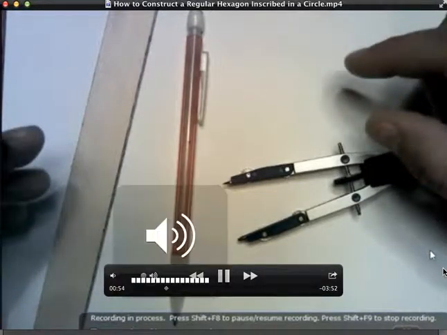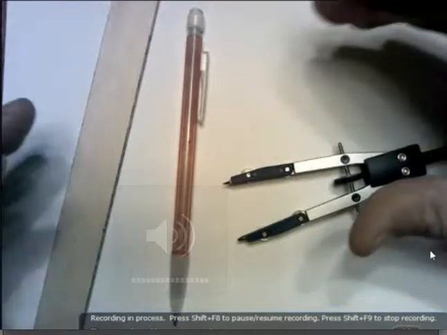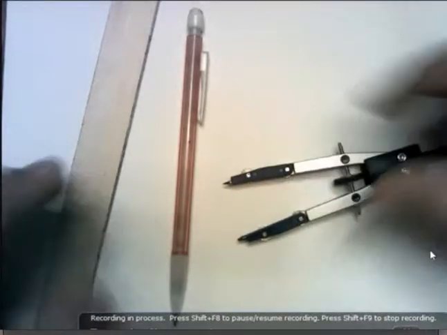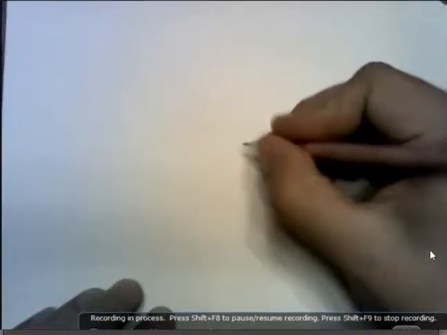What we're going to do in the next few videos is construct regular figures inside of circles. So we're going to start out with a circle. So I'm going to move my straight edge out of the way here, and I'm going to make a point, and I will call it C, and C is going to be the center of our circle. So let's review how we make a very nice circle with a compass.